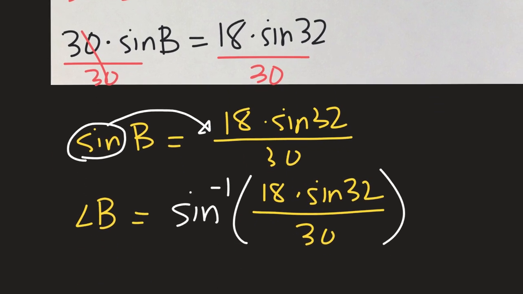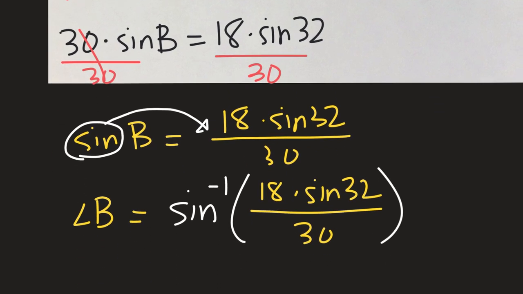Now we go to our calculator and put this calculation in there, and we find 18.5391. I'm just going to round to one decimal place, but 18.5391 is what my calculator says. So whatever your teacher wants you to round to.